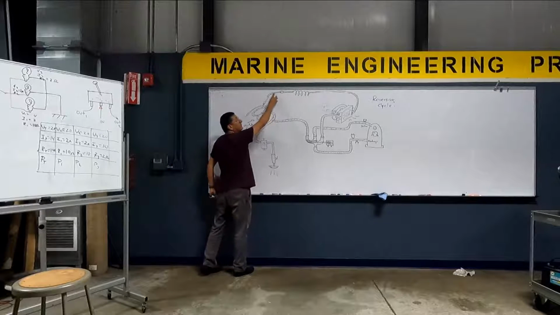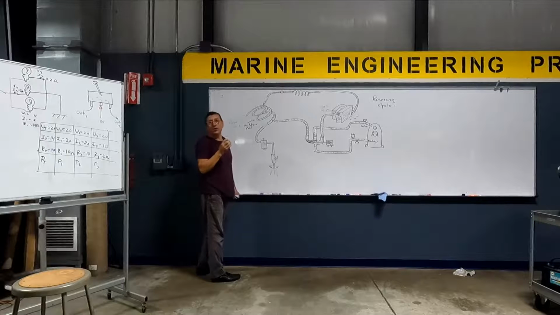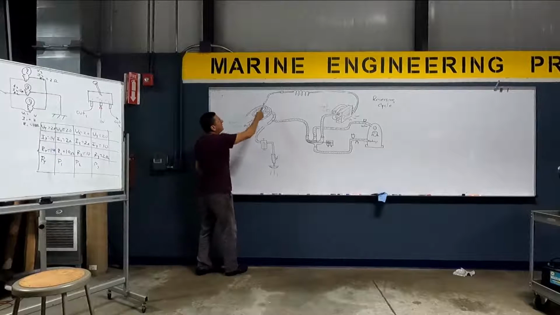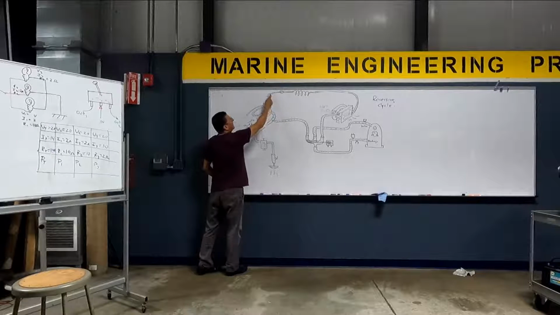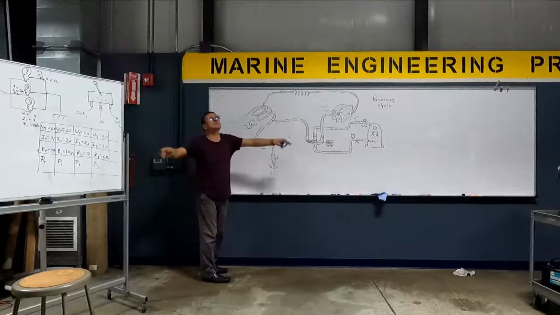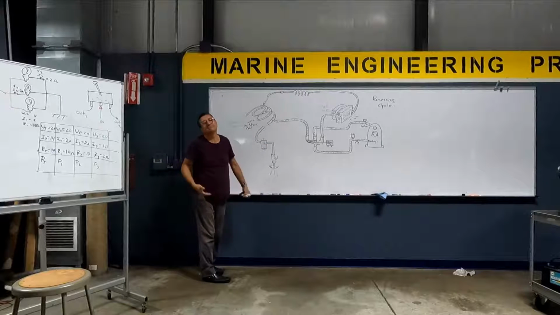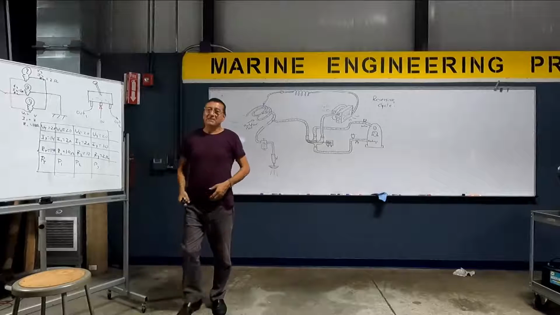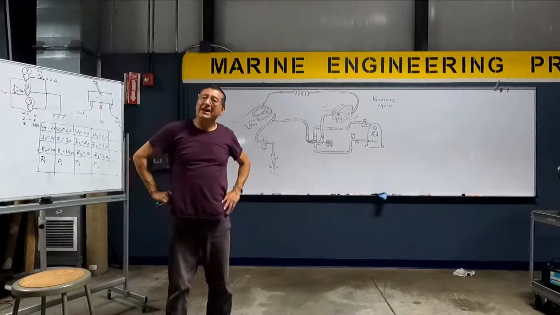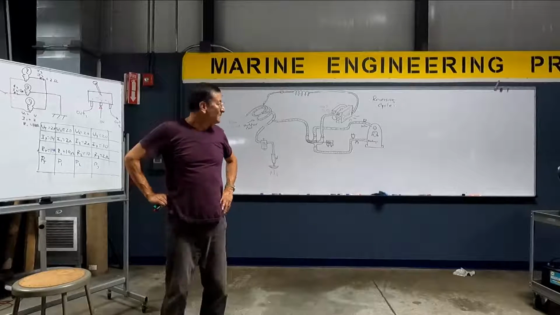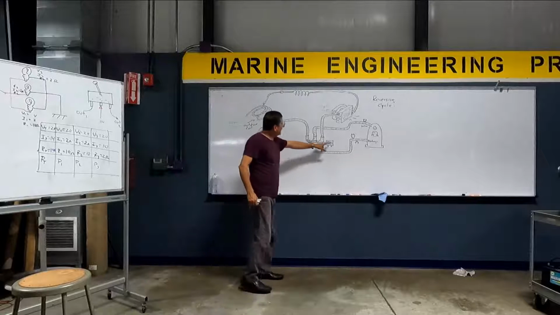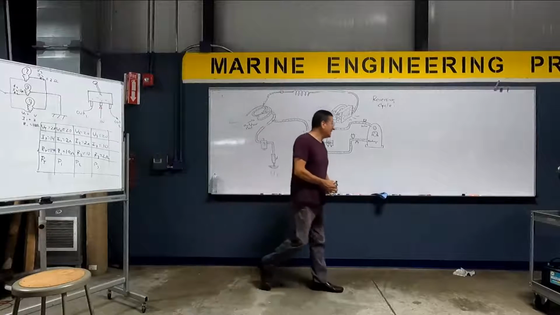Here is liquid with low pressure and low temperature. However, a couple of inches later, it starts to evaporate because it's surrounded by the environment. My friends, this is the cooling and heating mode. And the secret is this solenoid.